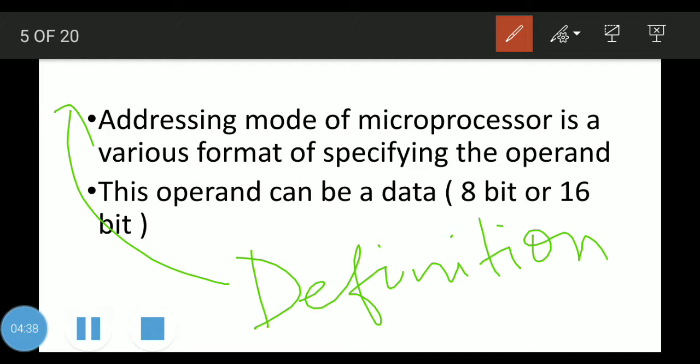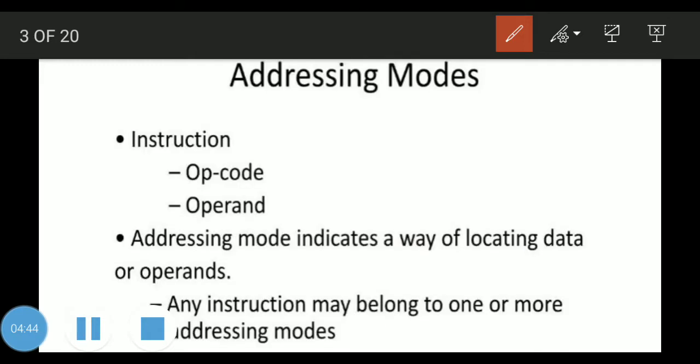Now, in addressing mode, whatever information we give to the computer or microprocessor is given with the help of an instruction. This instruction will have a combination of opcode and operand.